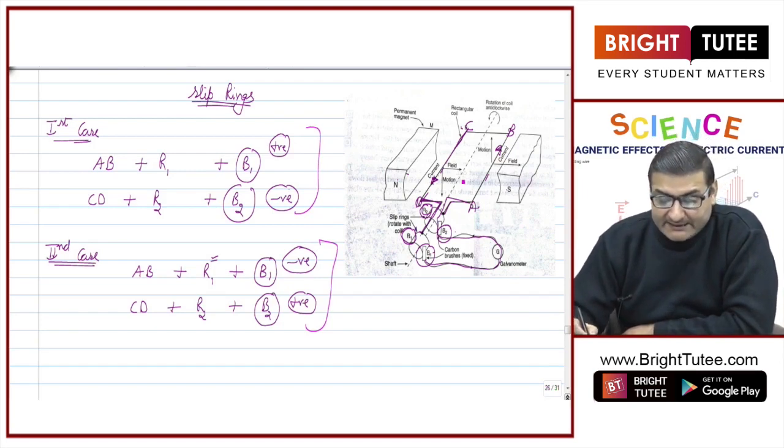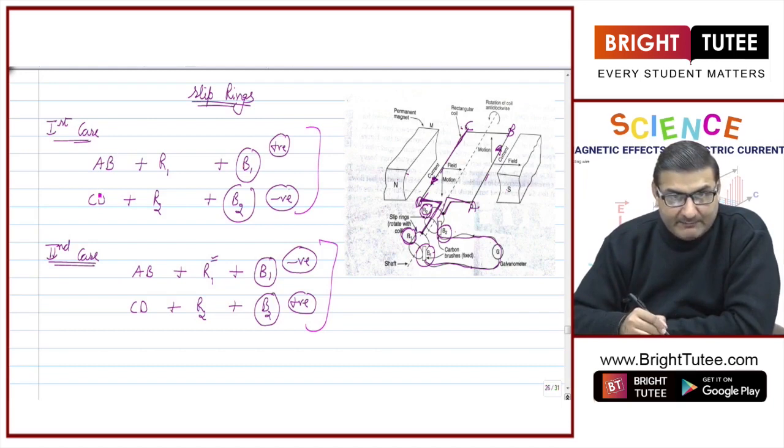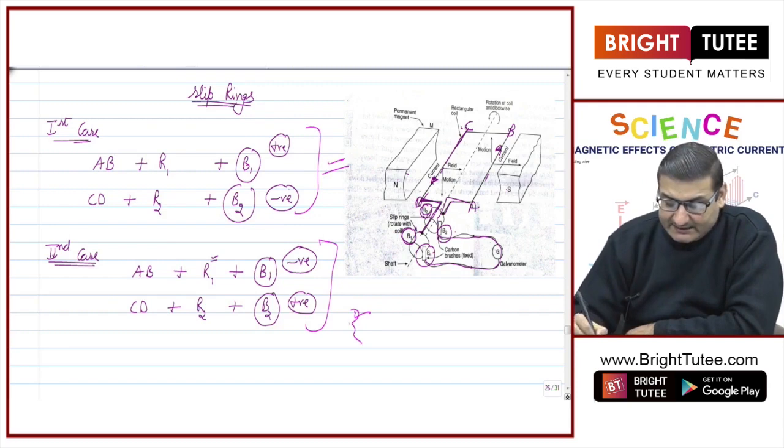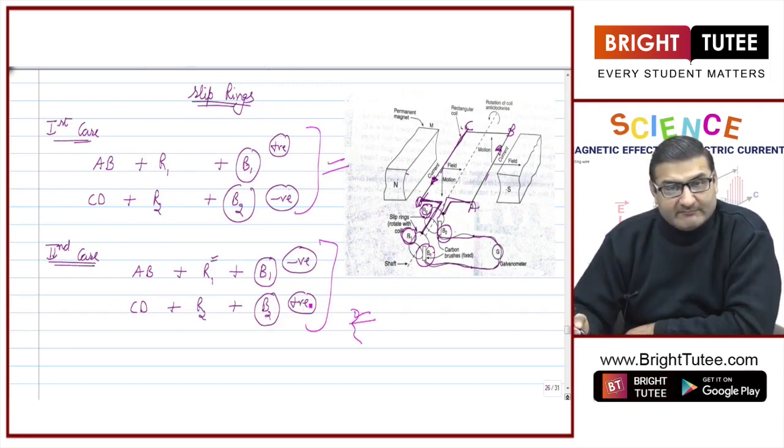Fine. Once again, after one more rotation, the normal situation: AB will come on the left, CD will come on the right. Once again, we will find this kind of setup, that B1 will become positive and B2 negative. After half a rotation, we will see again that B1 will become negative and B2 will become positive.